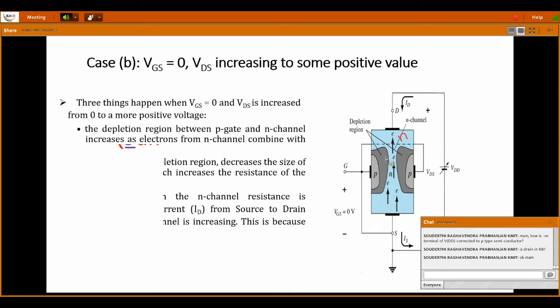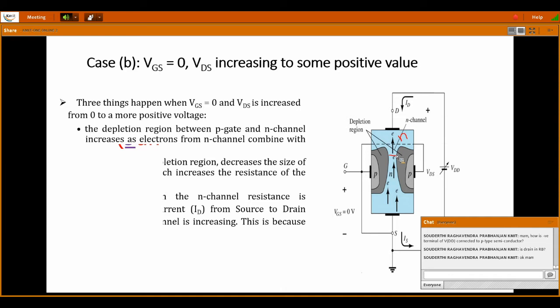And if the depletion layer increases, what happens to the channel? See here, the width of the channel is decreased. Due to this, the path from where the current is flowing, the road, we can say, is decreasing. It is offering more resistance near the drain terminal for the current to flow.